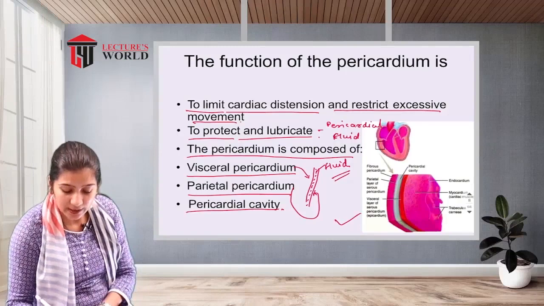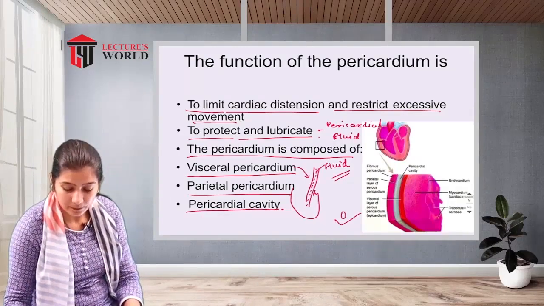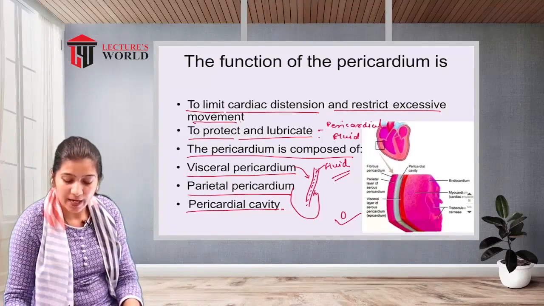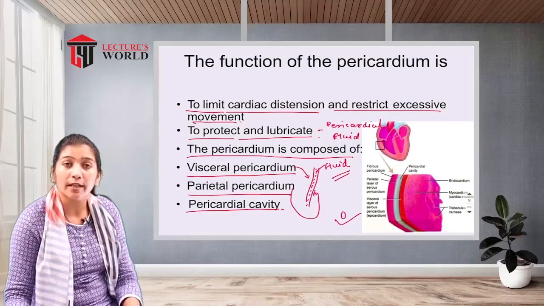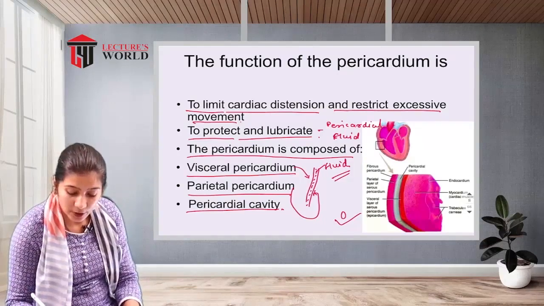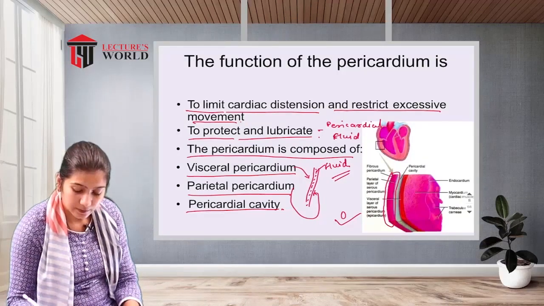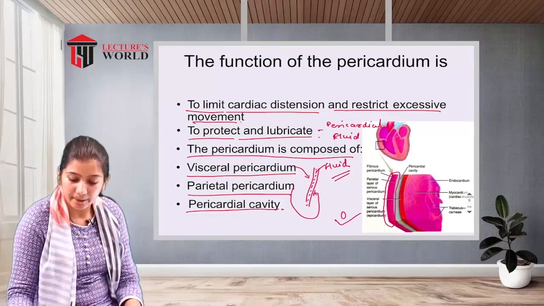So here you can see the section of heart layer. So first we will start with, as we all know that there are three layers in the heart. Okay, so the outermost layer you can see over here is the pericardium.